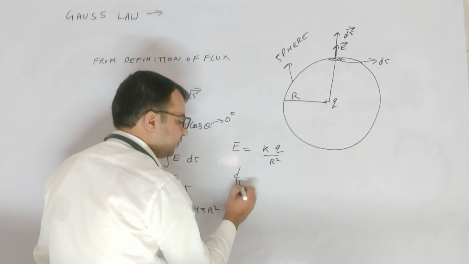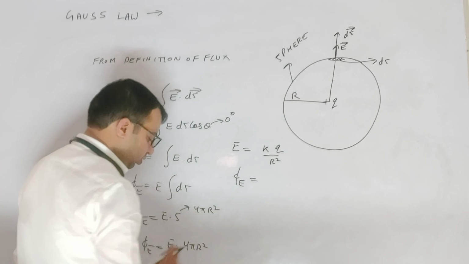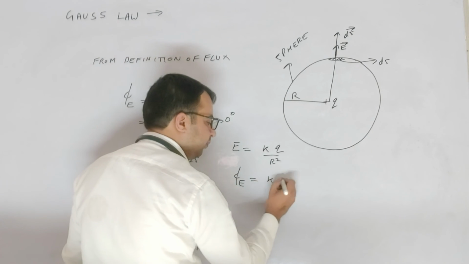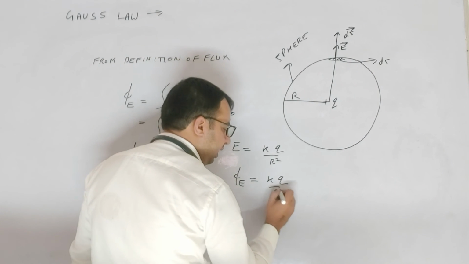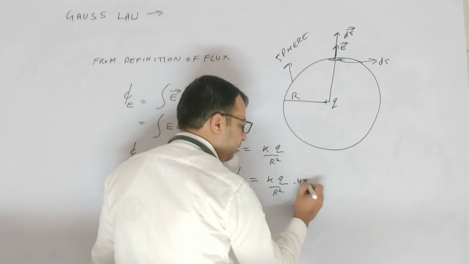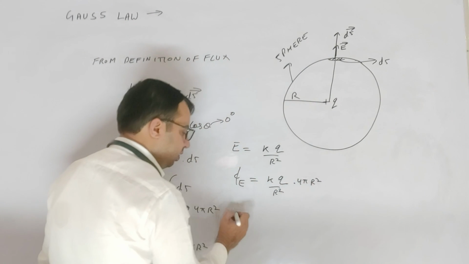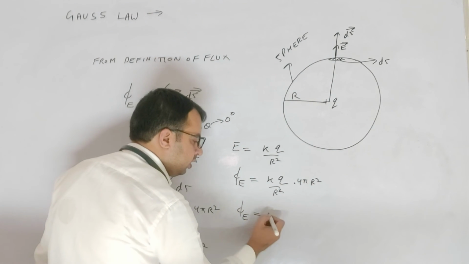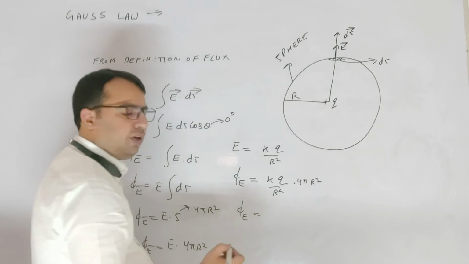So what will be the flux? Flux comes to be, in place of E, I'm just writing k q upon r square, and here comes 4 pi r square. So flux is k, the electrostatic force constant.